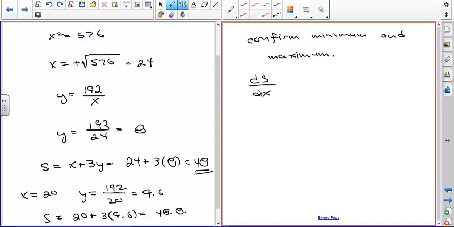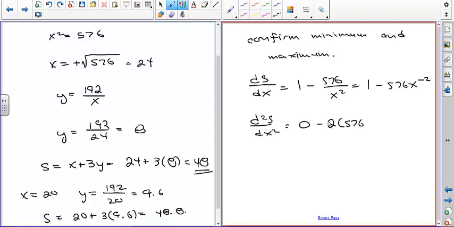ds/dx was equal to 1 minus 576 over x squared. So if I take the second derivative, I need to rewrite this with the negative exponent before I take the derivative. So you'll get 0 minus 2 times 576, actually, it's a negative.